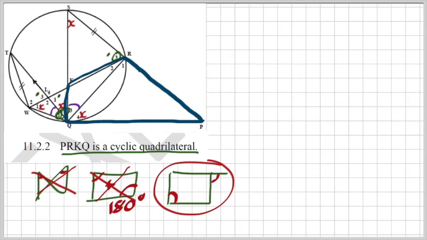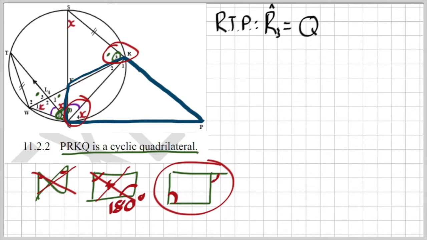But I don't have. So what I'm going to look at is theorem 6. So I love to write this for the examiner. What do I need to prove? That R3 must be equal to Q3 and Q4. So I write it as my RTP, ready to be proven, that R3 must be equal to Q3 and Q4.